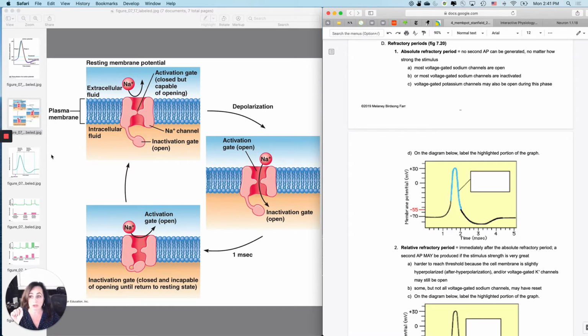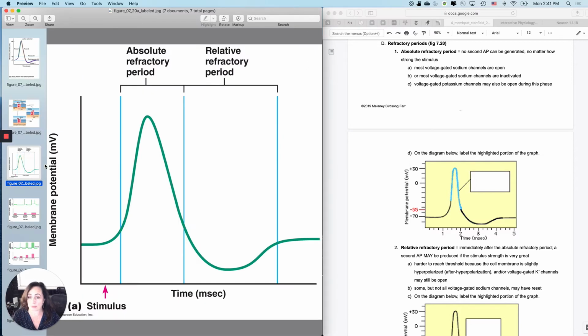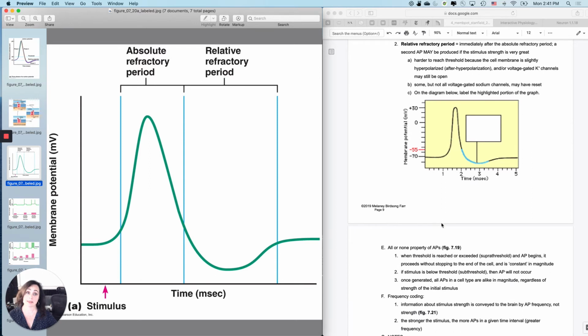Now, by the way, the absolute refractory period is really most of the action potential, from minus 55 all the way almost back to resting membrane potential, before you get all of those voltage gated sodium channels reset. Okay, but there is another portion right here that's called the relative refractory period, because it's relatively hard to get an action potential.